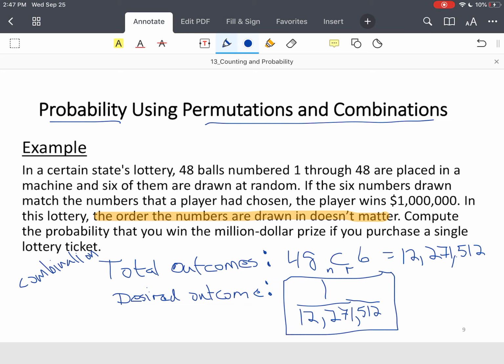But in most cases, they will ask you to round your answer. Most calculators can't handle that, so you will have to use a browser or Excel to get a decimal answer. As a decimal, this answer is approximately 0.00000081. That's your answer.